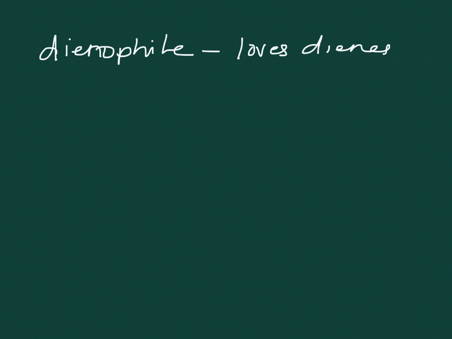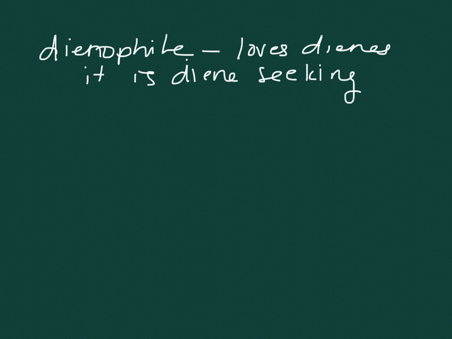Now we've already defined what a diene is. Let's define a dienophile. Okay, so a dienophile loves dienes. It is diene seeking. Alright, so let's look at the mechanism of this reaction.